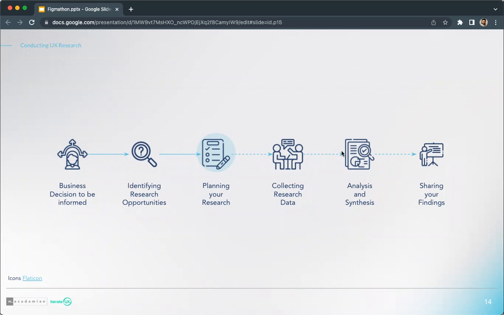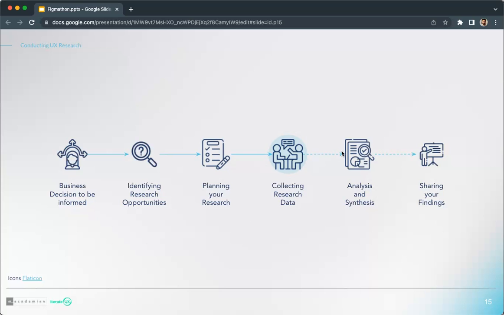And once you've planned your research, you go out to the users that you want to collect your data from, and you do just that. You go out and execute the research method that you have picked and collect that data. And based on the method, the data could look like interview recordings, because you decided to do user interviews, or interview notes, where you have a note taker who took notes.